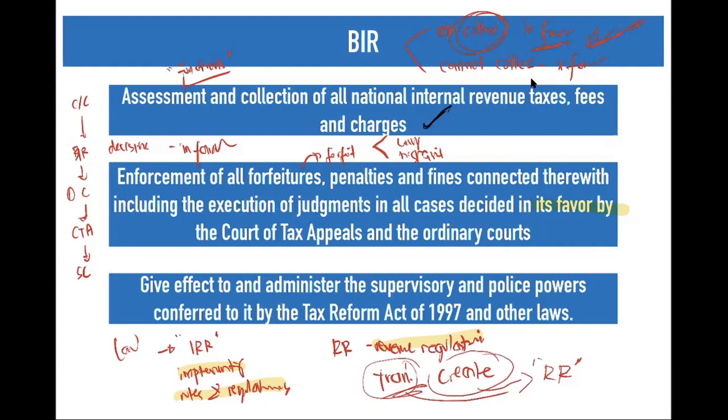Because when there is familiarity, there is a possibility of collusion between the employee and the taxpayer, resulting in evasion or non-payment of taxes. Therefore, to avoid that familiarity, the BIR placed the control of transferring employees and assigning them to other agencies or other regions.